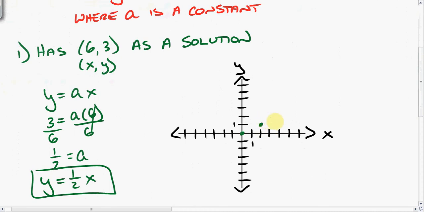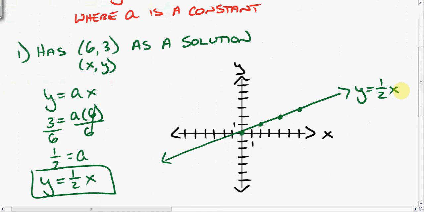Up 1 over 2. Up 1 over 2. And you really only need to do it once. I've done it 4 times here to make a point. When you're doing it on your homework, you really only need to move according to slope once. And here's our equation, y equals 1/2 x.